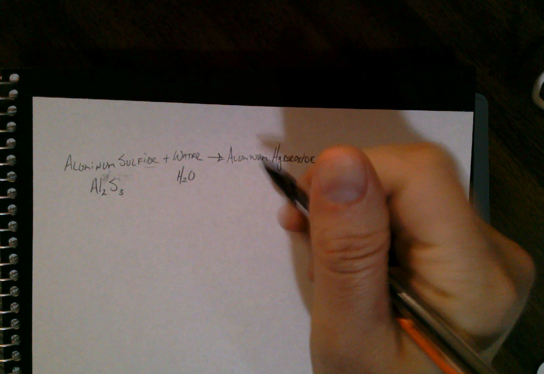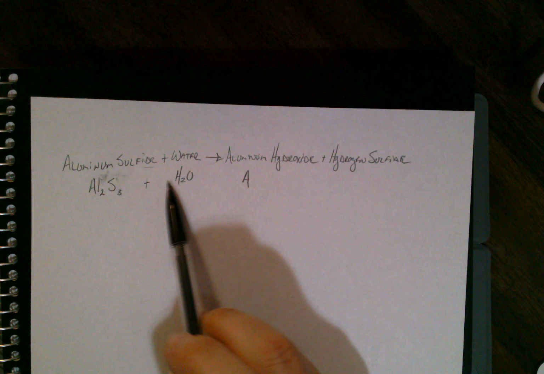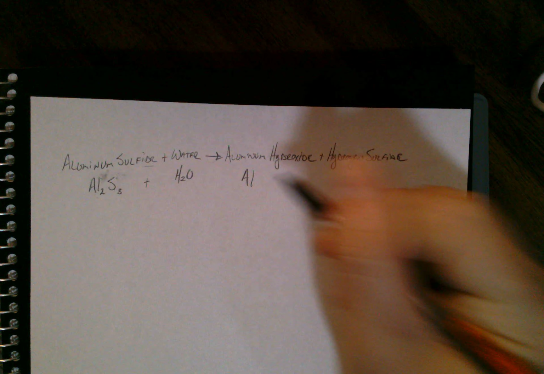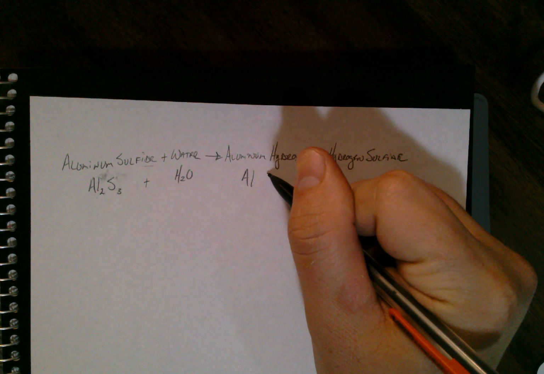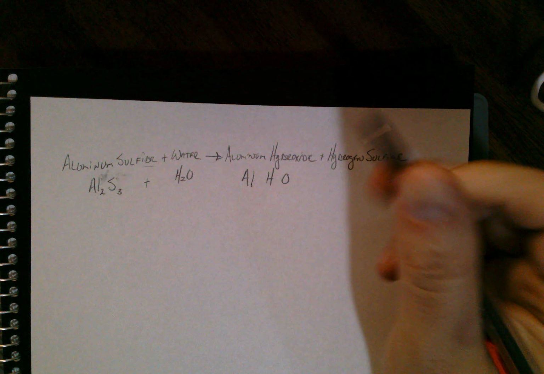You got aluminum again on the other side. We're just coming up with the chemical formulas for this, but this is basically going to be aluminum sulfide plus water reacts to become aluminum hydroxide. So you got aluminum. Obviously, this time you have hydrogen, and you also have oxygen, the oxide there.